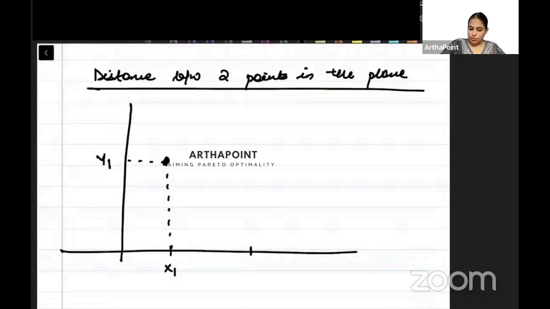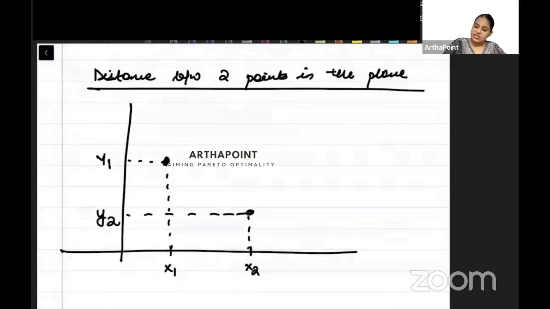This is another point, point x2, y2. And I need to find the distance between these 2 points. Right? I need to know what is the distance between the 2 points.